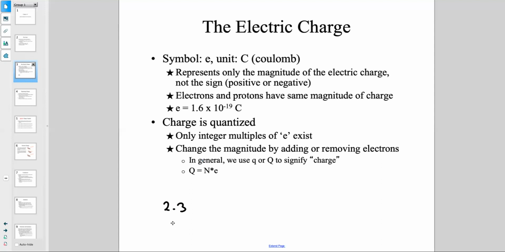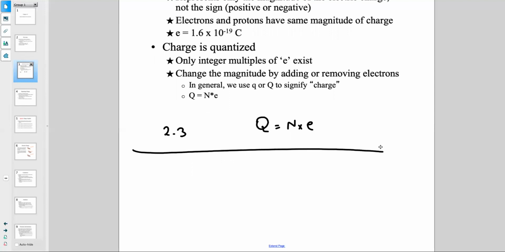In general, we use Q, or capital Q, to signify the charge. So Q would be the number of electrons or protons times the electric charge of either proton or electron. For example, if you have 12 electrons, Q, the total amount of electric charge, would be 12 times 1.6 times 10 to the negative 19.